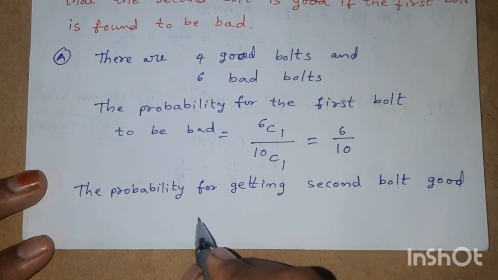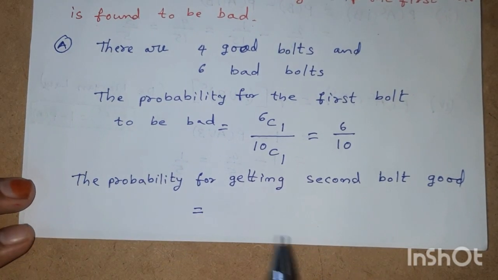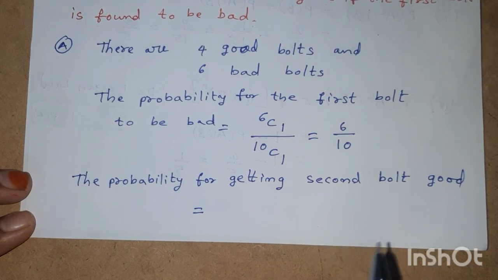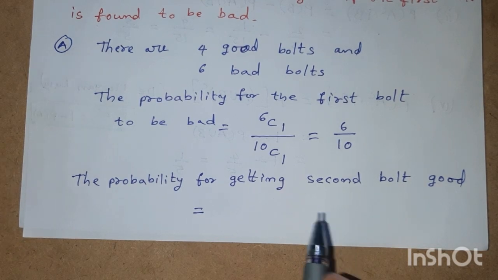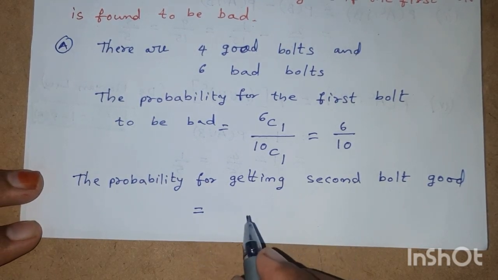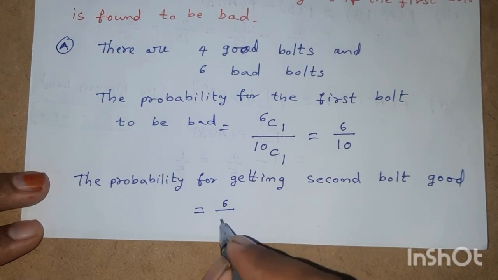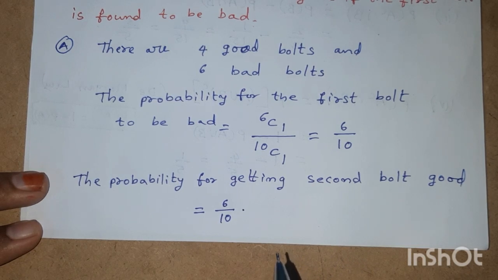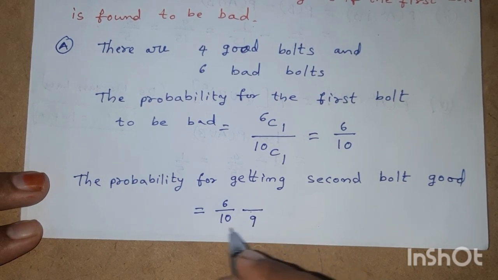Okay, here to choose the second bolt, first we must choose the first bolt. The first bolt we have already chosen as a bad bolt, its probability is 6 by 10. Since one bolt is already chosen, there are 9 bolts among the 10 bolts.